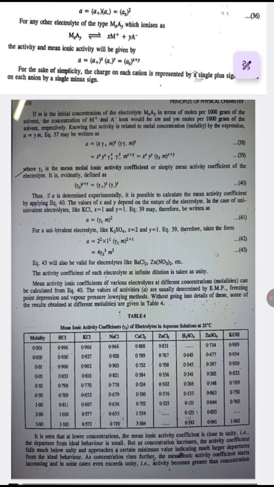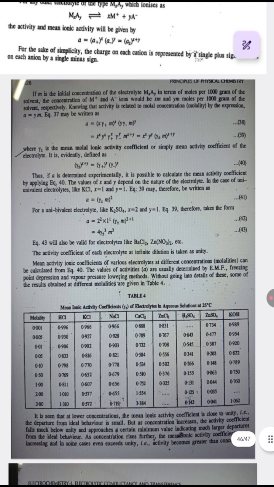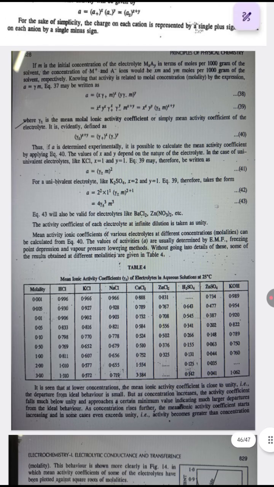For any other electrolyte of the type MxAy, which ionizes in equilibrium to give x M+ and y A-, the activity and mean ionic activity will be given by a = a+^x × a-^y = a±^(x+y).